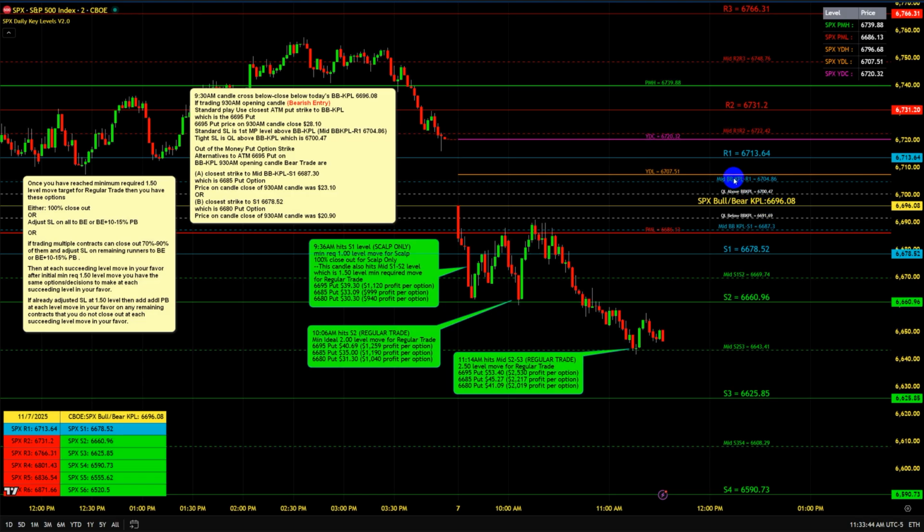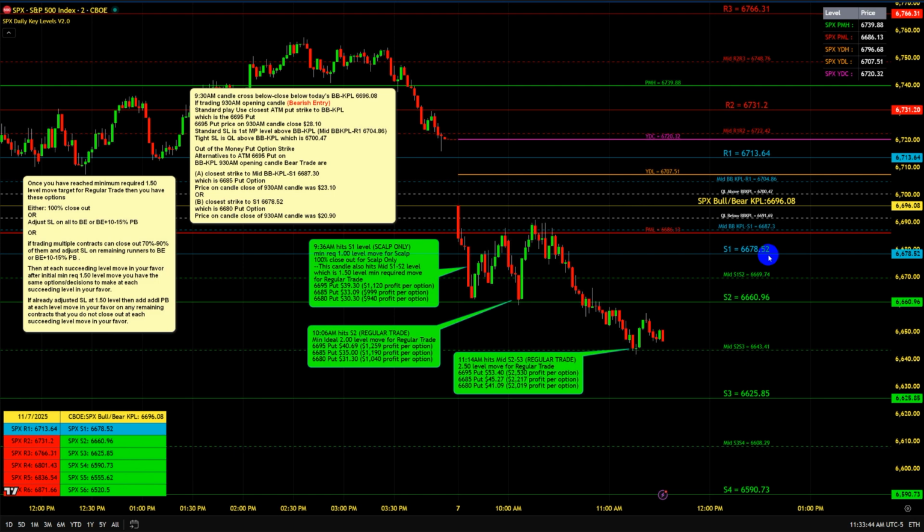You'll also see that there are other R levels and S levels above and below the bull bear key price level. So we have R1 through R6 and S1 through S6. As you can see here, we've drilled down between R3 and S4.